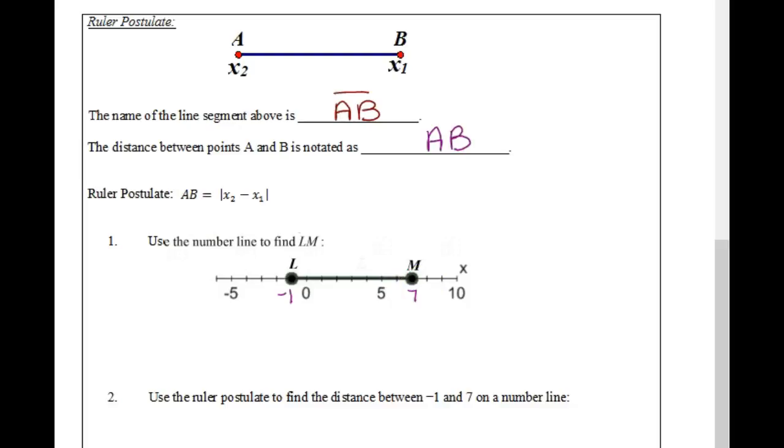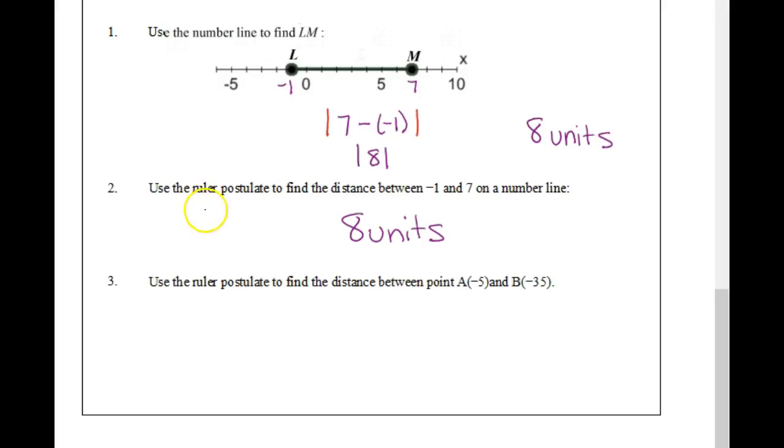So what I will do is take the absolute value of 7 minus -1, which is the absolute value of 8, or just 8 units. So to find the distance between -1 and 7 on a number line, the answer is 8 units.